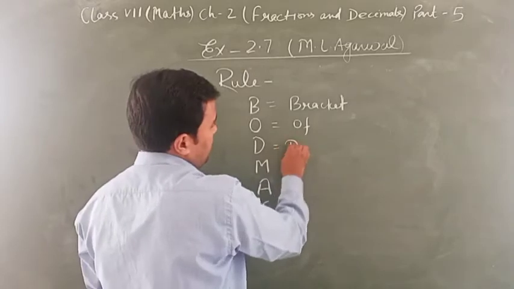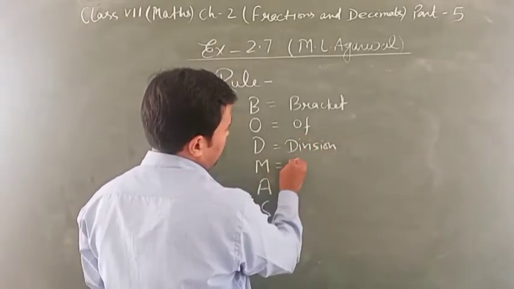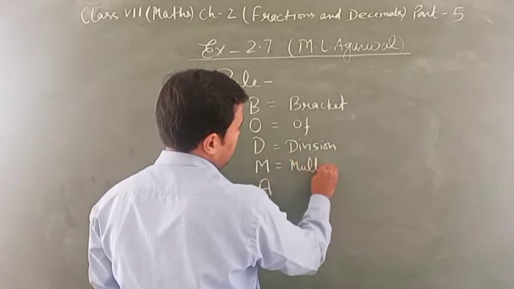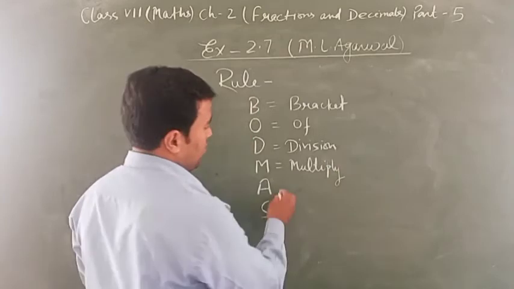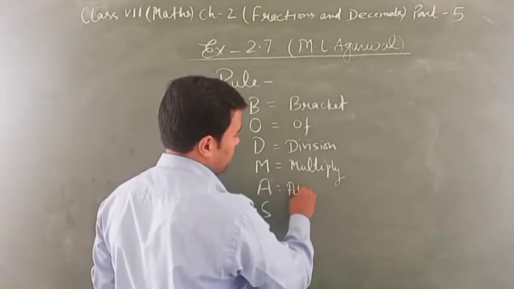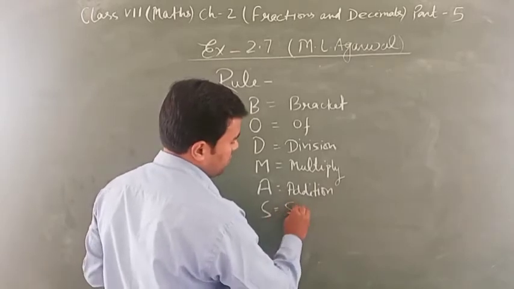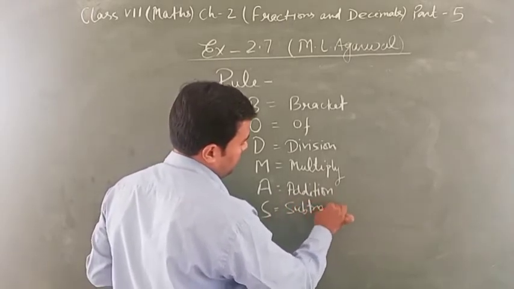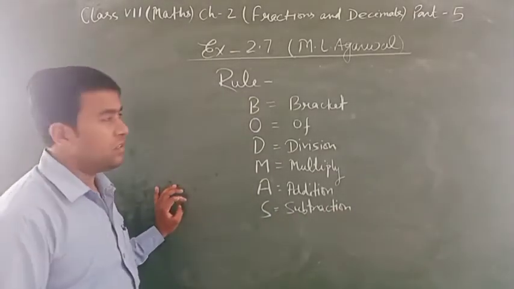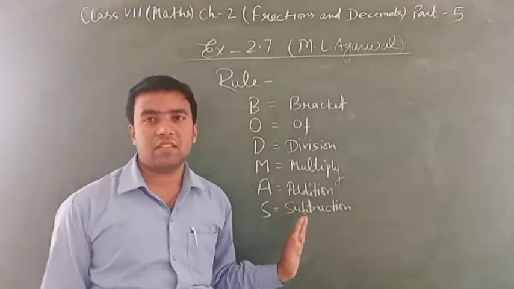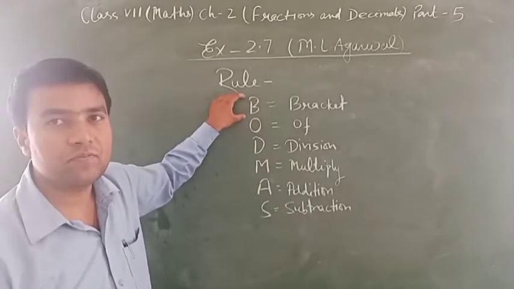D means division. M means multiply. A means addition. S means subtraction. Clear? If any simplification is given, first of all you will solve the bracket.